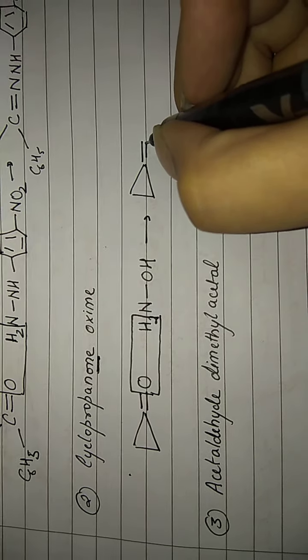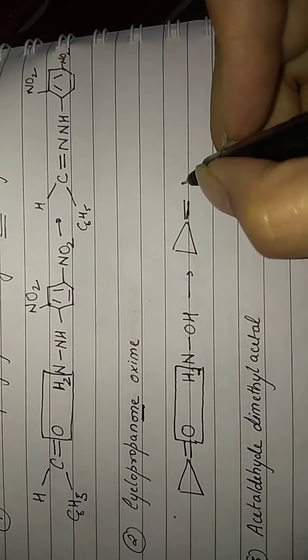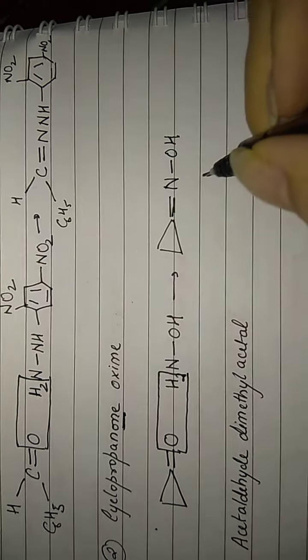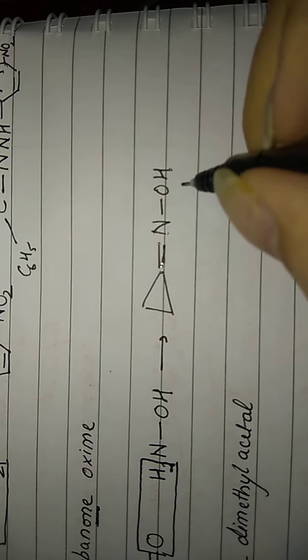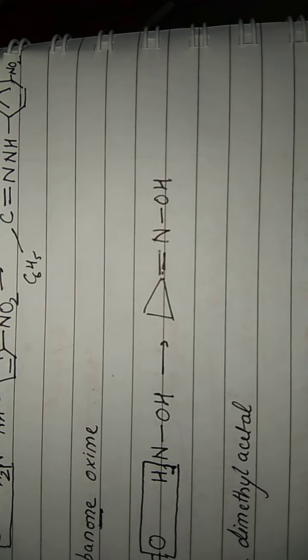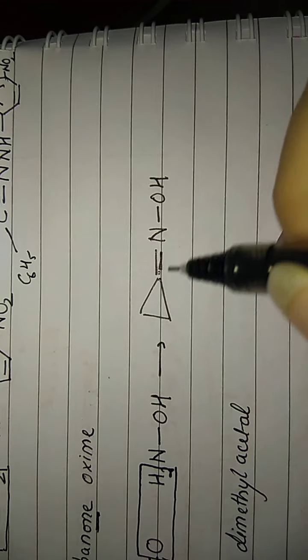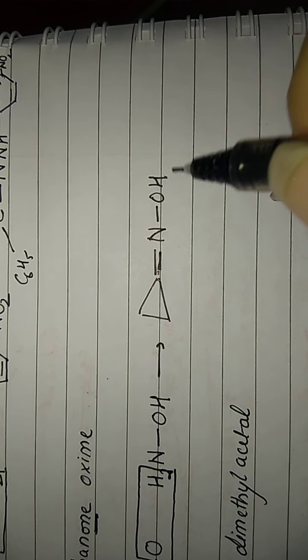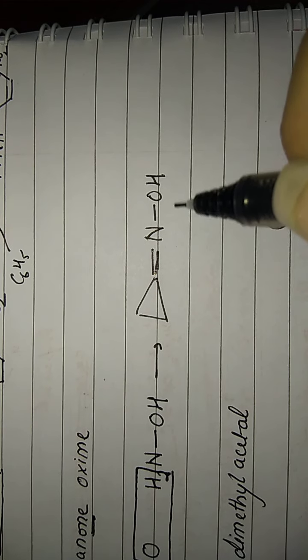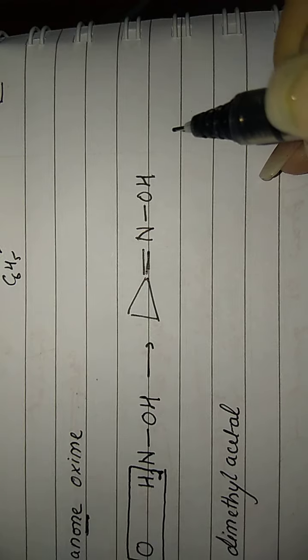That means after the double bond I directly jump to the nitrogen atom and OH. So this derivative will be called the oxime of cyclopropanone, or it can also be called cyclopropanone oxime.